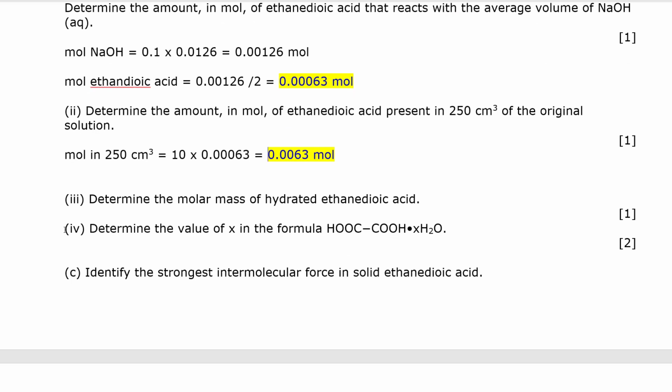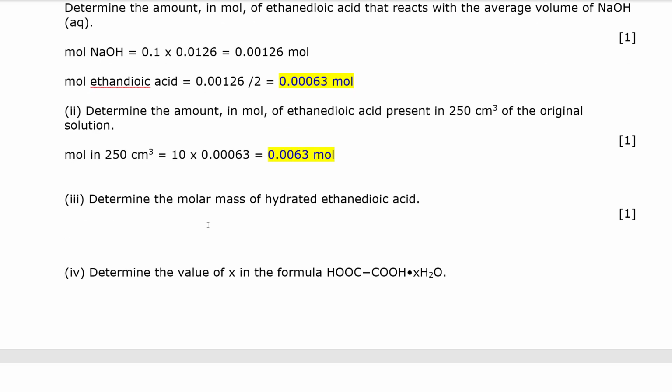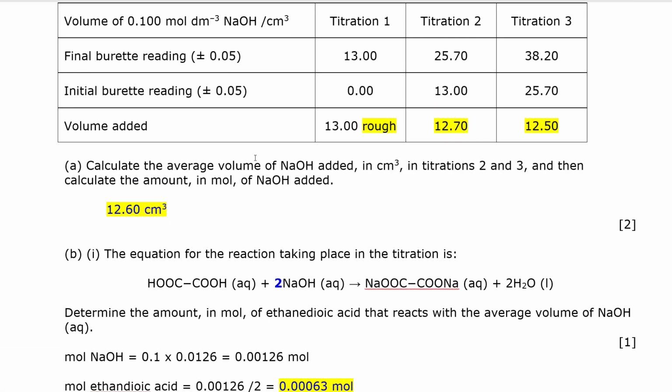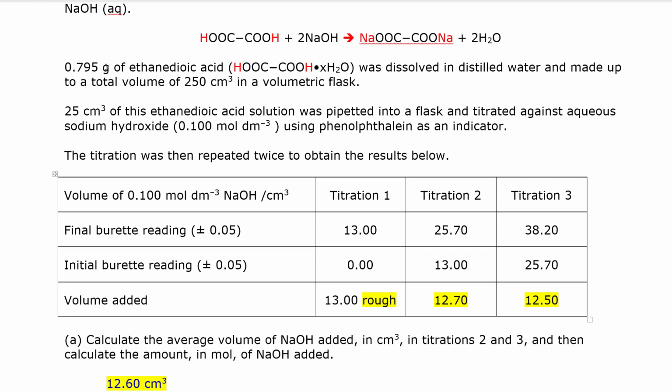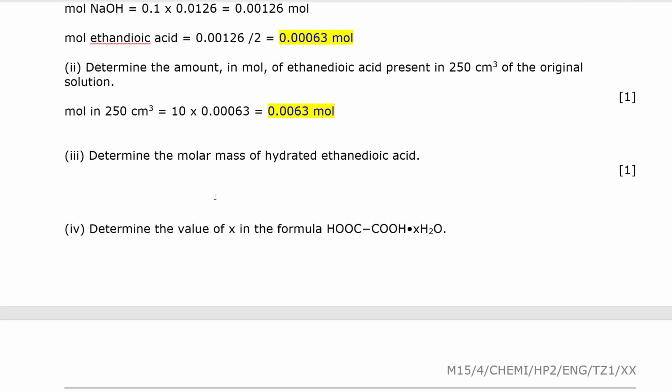Okay, so we've got the moles of ethandioic acid. Well, now we can work out the molar mass of the hydrated ethandioic acid. How? Well, we know the number of moles, and we know the actual mass that was weighed out, and that was of the whole thing, remember, 0.795.